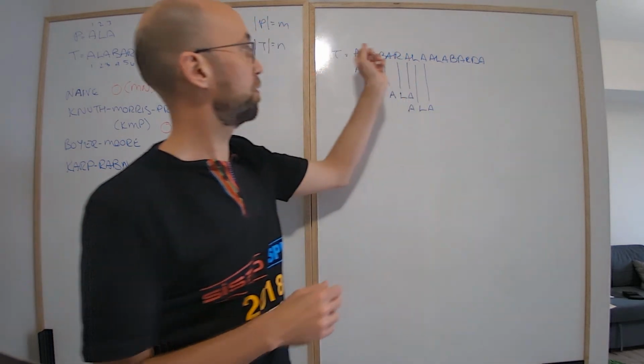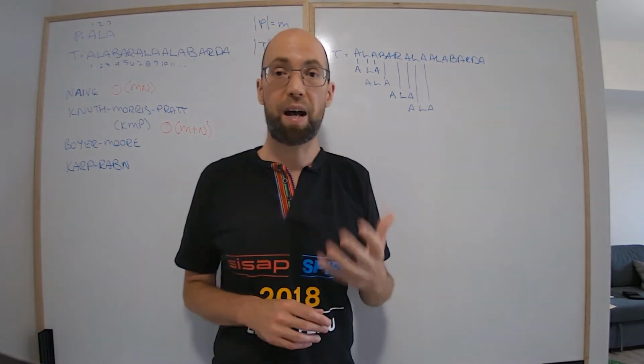And if you're really lucky and the alphabet is big and, say, the strings are randomly generated, then how far, suppose that the alphabet of the text and the alphabet of the pattern are different.